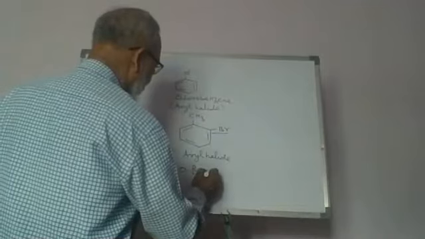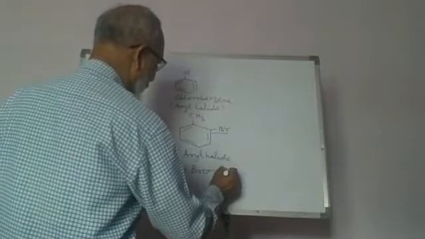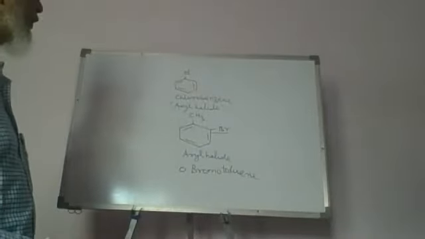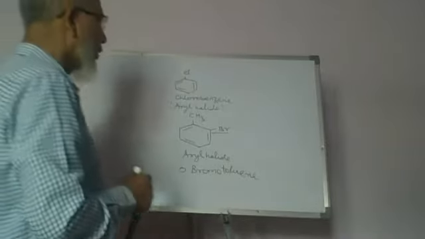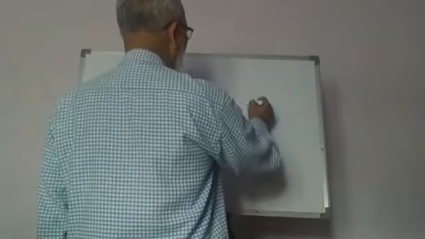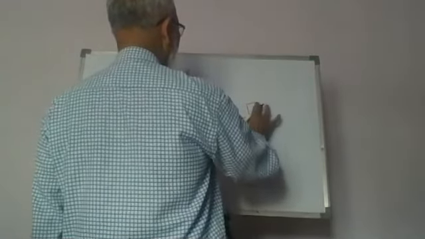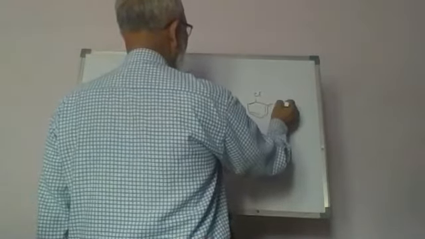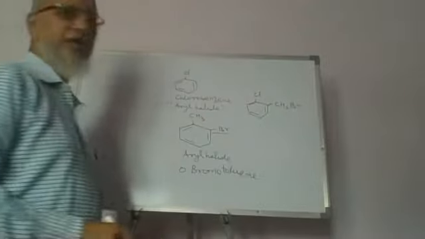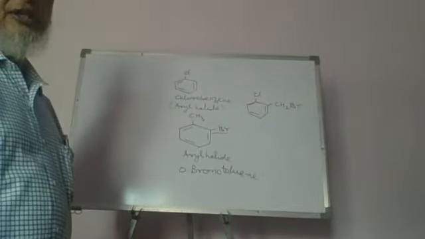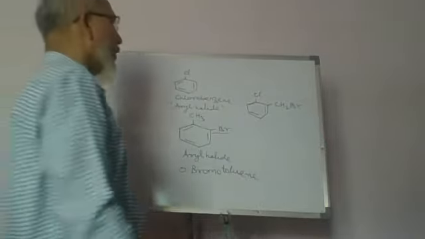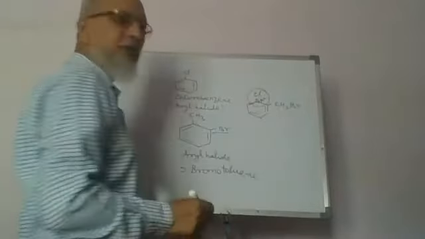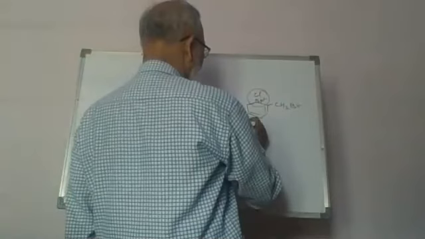Later on I will let you know how it becomes ortho, para or meta when we shall discuss about the dihalogen derivatives of the alkyl and the aryl halides. Similarly, this compound Cl, CH2Br, it contains a halogen atom present in the side chain or with a sp3 hybridized carbon atom, and simultaneously this contains a halogen atom attached with the sp2 hybridized carbon atom present in the benzene nucleus. So this will be treated as aryl halide.